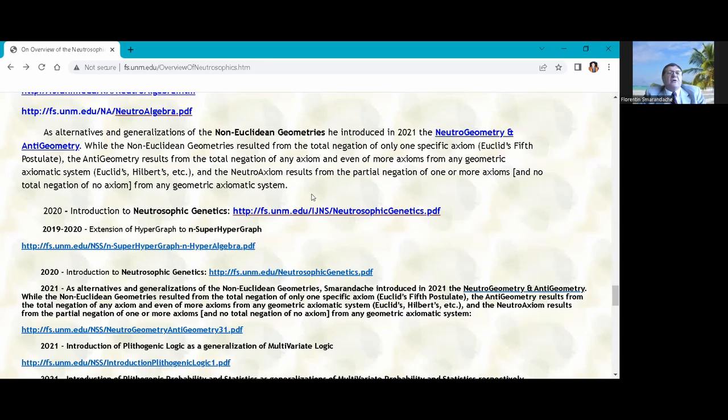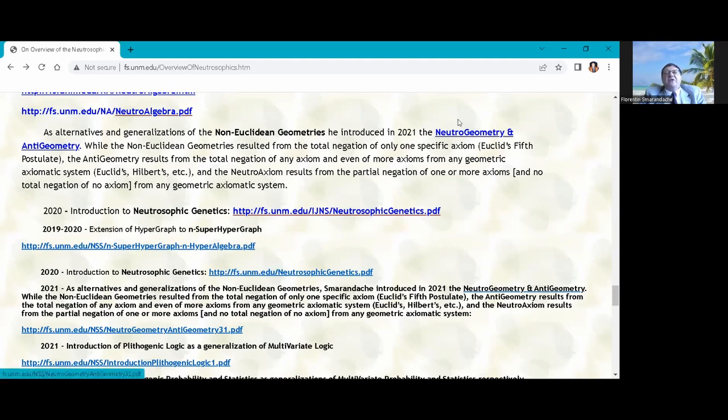And also Lobachevsky, who was before Riemann, developed the hyperbolic geometry, where through a point exterior to a line, it's possible to draw many parallels to that line.